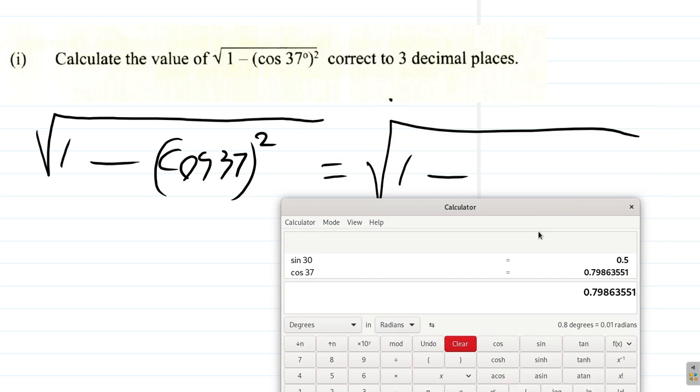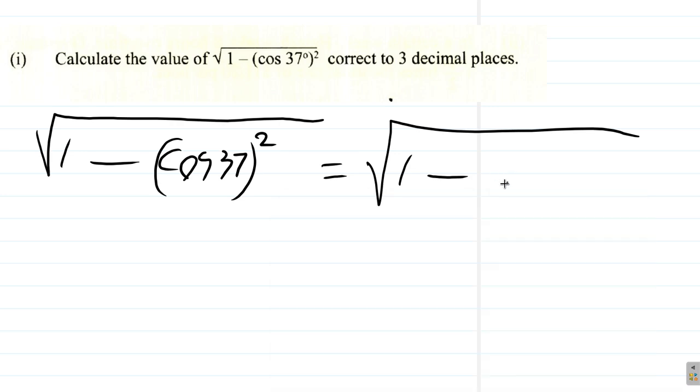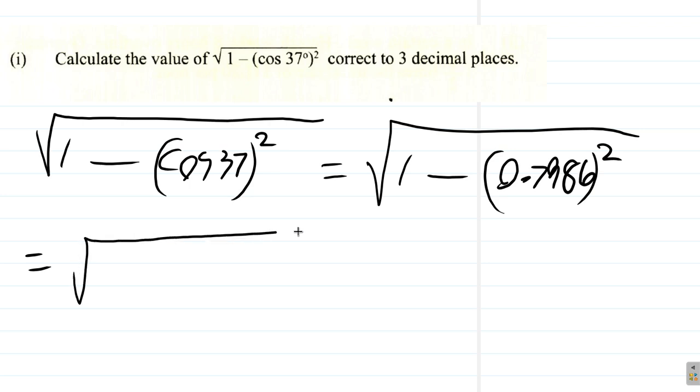Now here it asks you for the answer to 3 decimal places. So during your working, work with more than 3 decimal places. We're going to work with 4. So it's 0.7986, and that will be squared. Alright? This is equal to the square root of 1 minus.